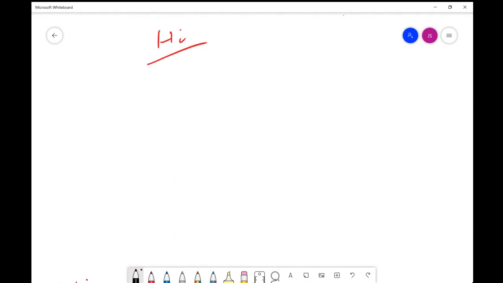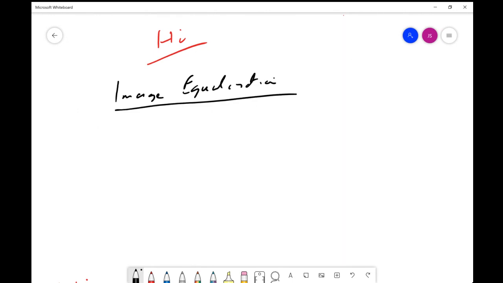Last lecture, I was dealing with image equalization. And the aim of image equalization was to get the best image. That means enhancing the detail in the white area and enhancing the detail in the dark area.